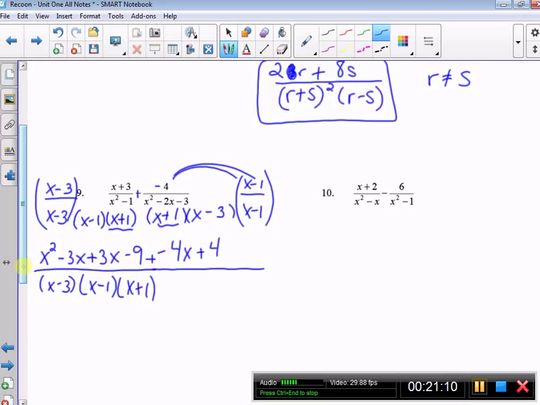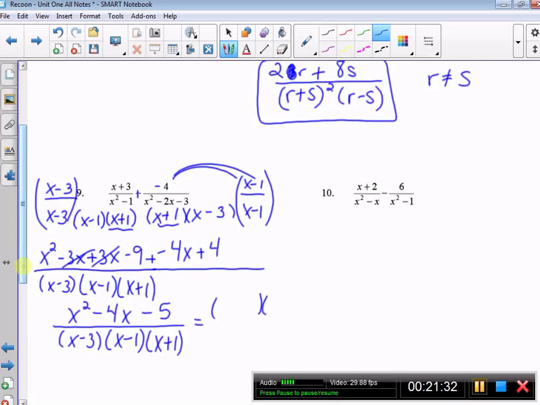So then combine here. We've got those 3x's canceling. So it's x squared minus 4x. And negative 9 plus 4 is negative 5 there. And I believe that factors further, so that we can cancel some more stuff. So we get x plus 1, I believe, and x minus 5.